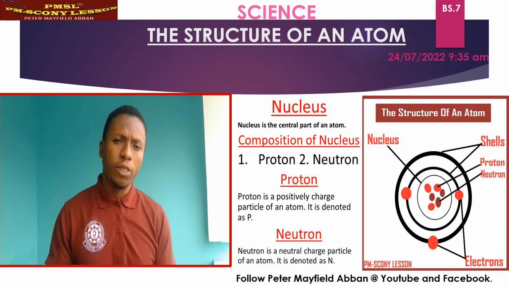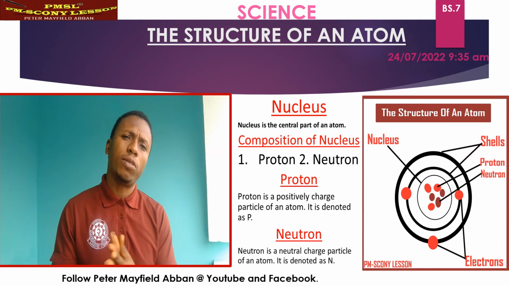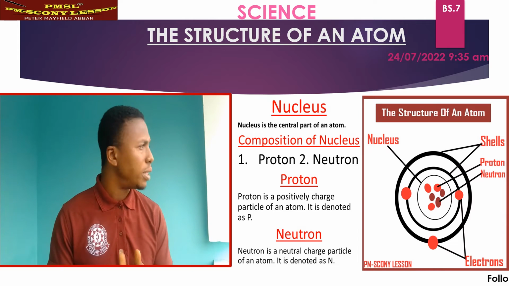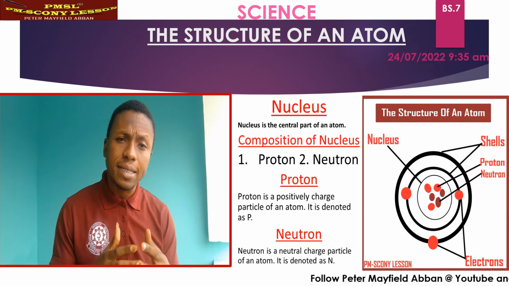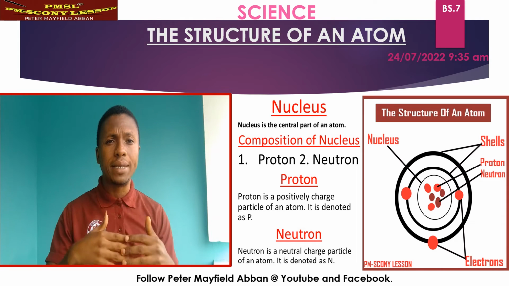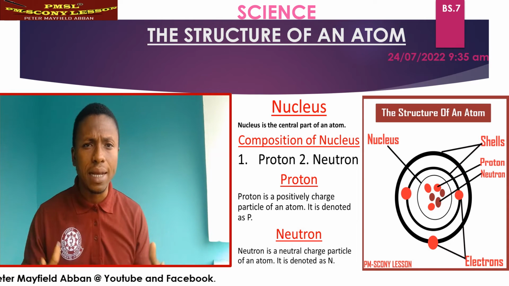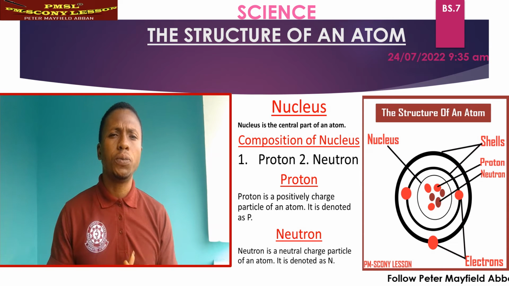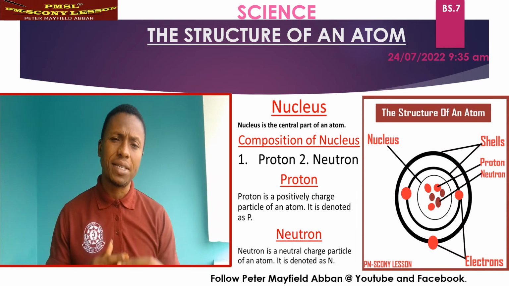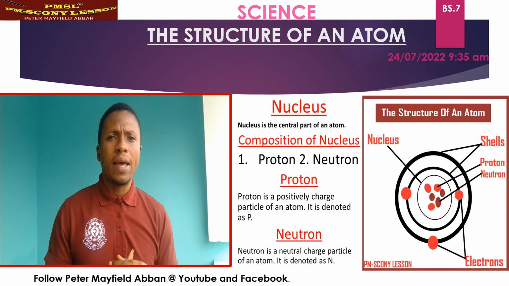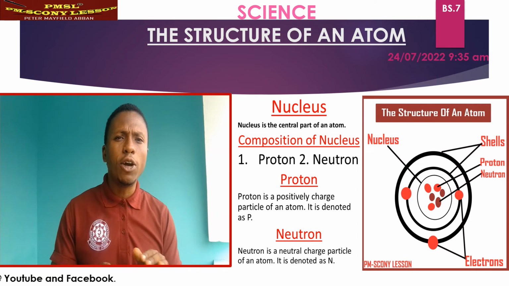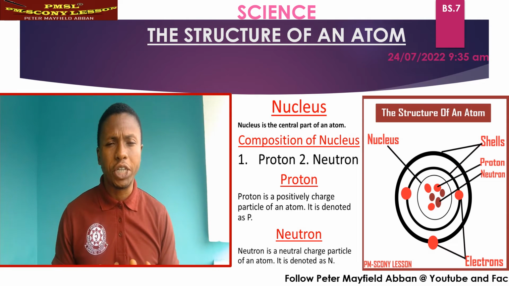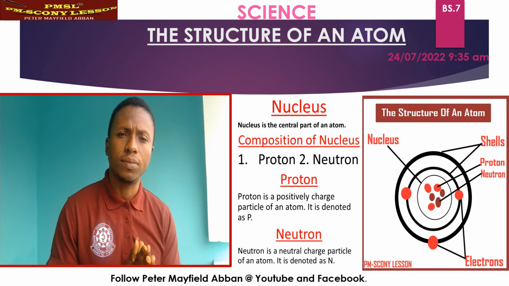Another simple example is neon. Neon is found in group 8 of the periodic table. Neon is a stable gas. Why? Because it obeys the octet rule. What it means is that the first shell of neon will take 2, and the second shell of neon will take 8. This means that neon will not lose or gain or enter into any sharing to obtain the octet.